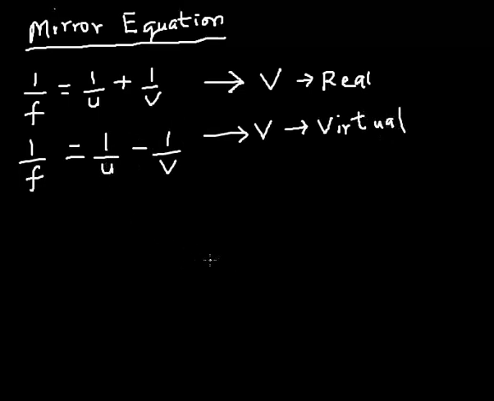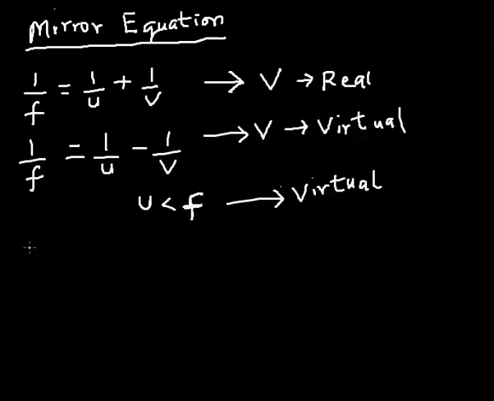Remember, for a concave mirror, the only time you get a virtual image is when the u is less than the focal length. So if they give you a question for a concave mirror, check the position of the object, compare it to the focal length, then you know whether the image is virtual or real.